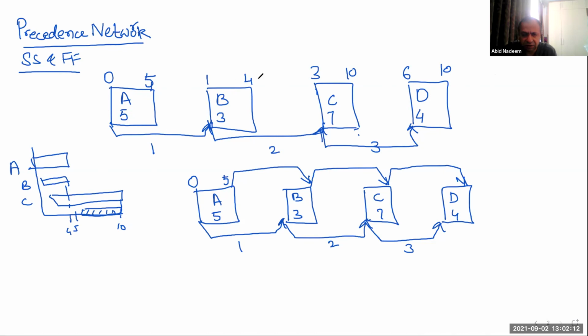So I think here we have this 10, 10, and 4. So 10 minus 4, it will be 6. And then from this 6, 6 minus 3, it will be 3. And 3 plus 7 is 10.